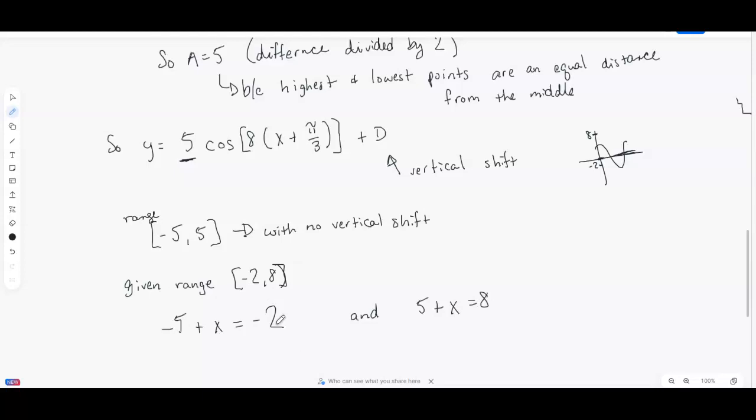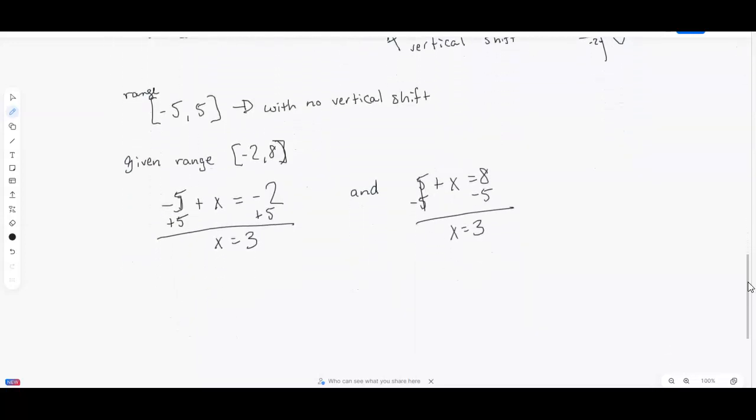You should get that same value for both of these, because your vertical shift has to affect your lowest point and your highest point the same way, right? So I'm going to just solve. I add 5 on both sides, and here I get that the value equals 3. I'm just going to double check here. I subtract 5 on both sides, and yeah, I get 3, right? So that is your vertical shift, okay?